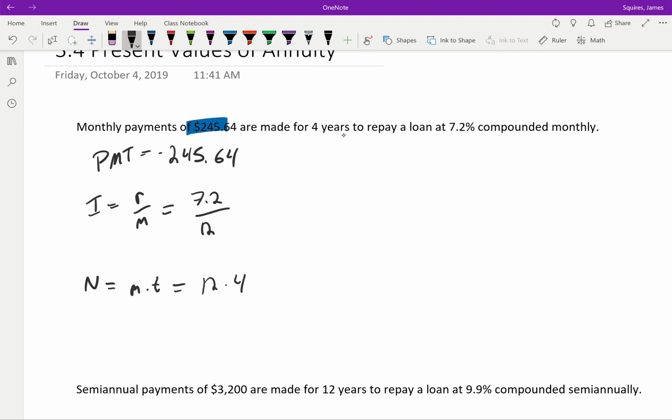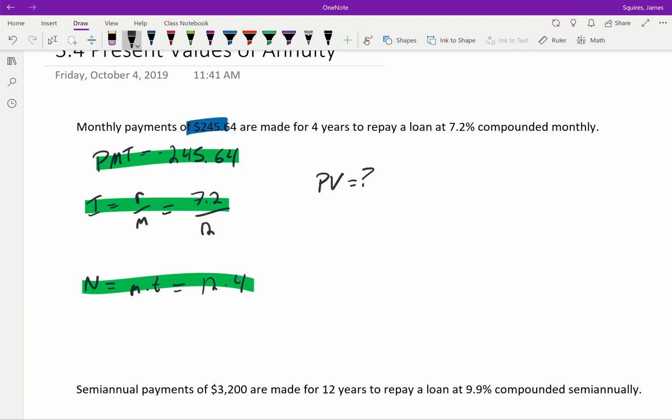Alright, given that we now have 3 bits of information, we have a payment, we have what our I equals to, and we have what our N equals to. We then can compute for the present value. What is the present value given this information? And our present value, when we compute using our financial calculator, equals $10,218.33.